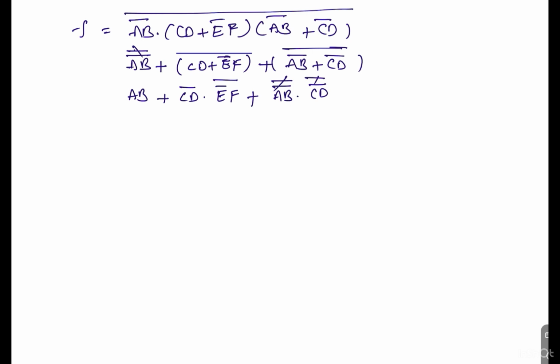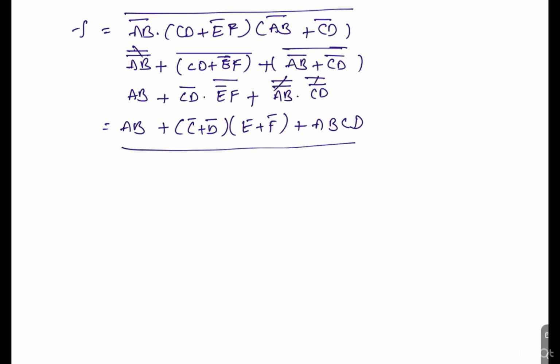So ab plus this (cd) whole bar can be written as c bar + d bar, and (e bar f) whole bar can be written as e + f bar, and then plus abcd is the simplified version of the given example.